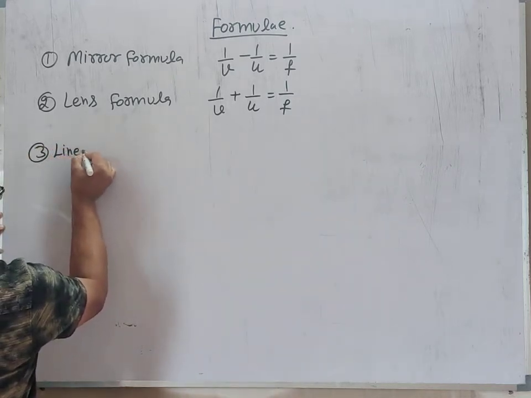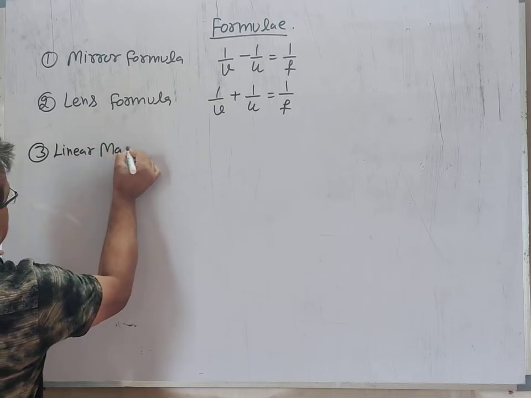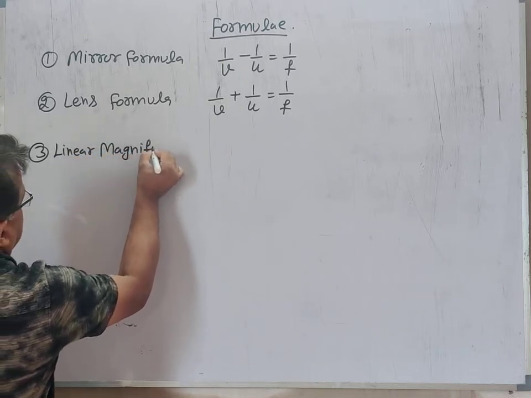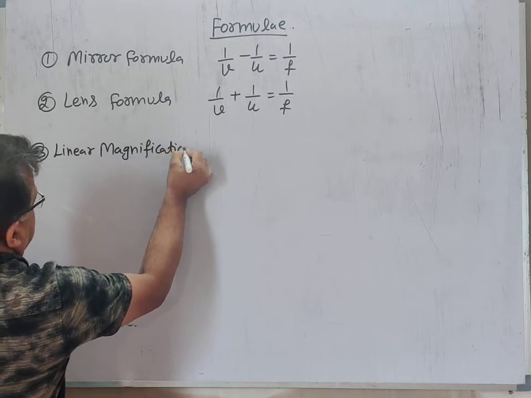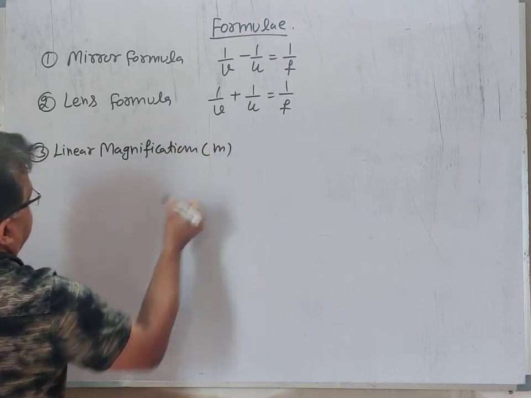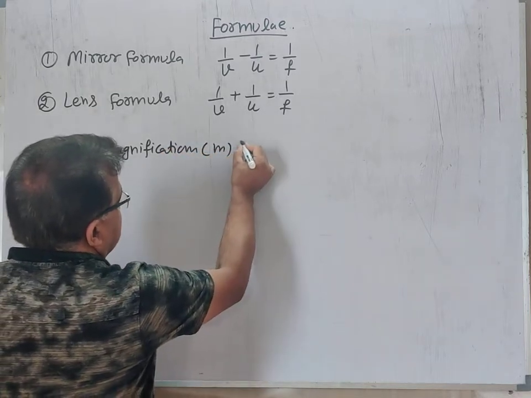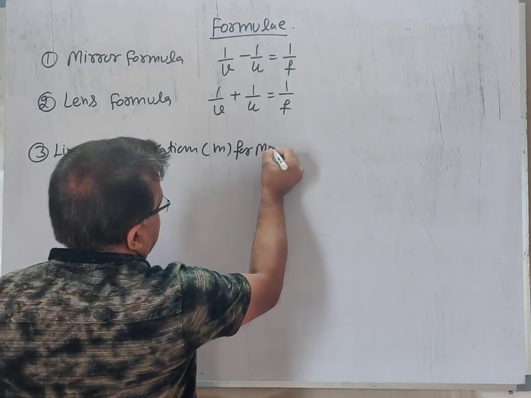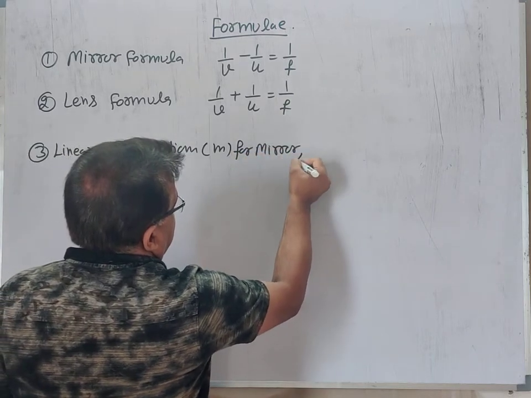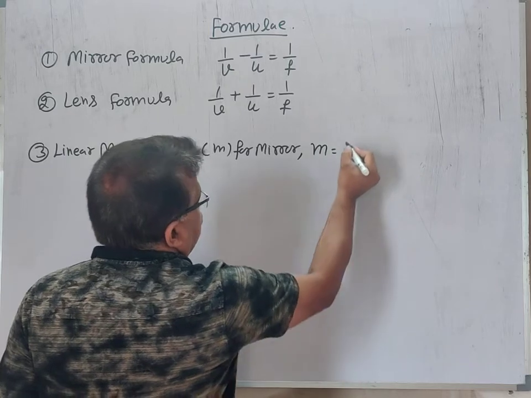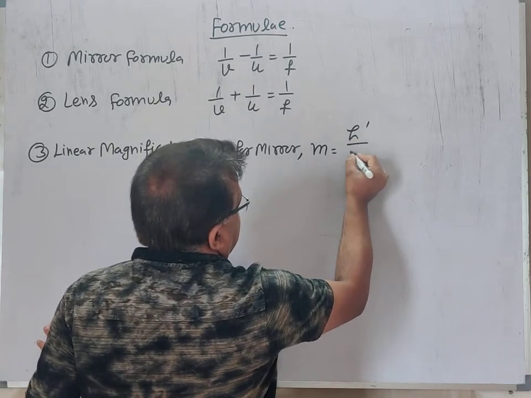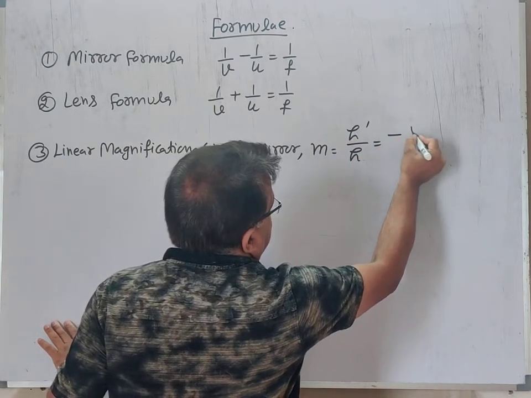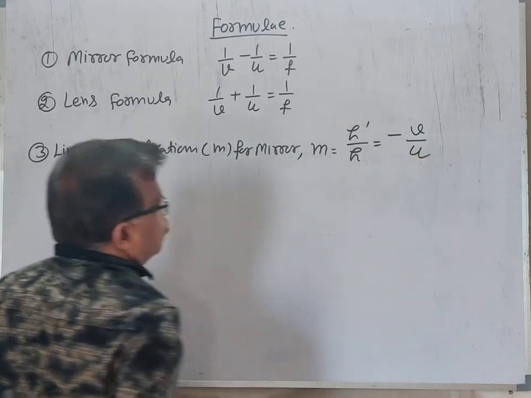Linear magnification, which is represented by m. For mirror, it is m is equal to h dash by h is equal to minus v by u.